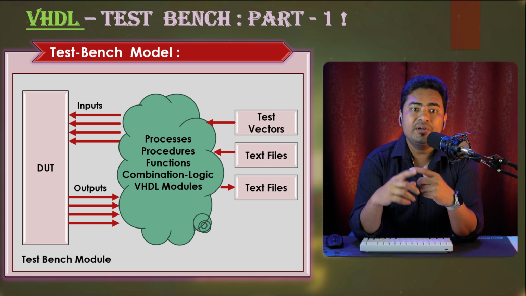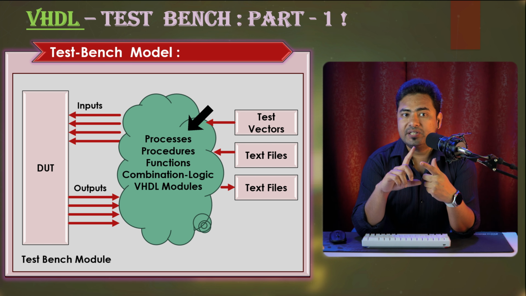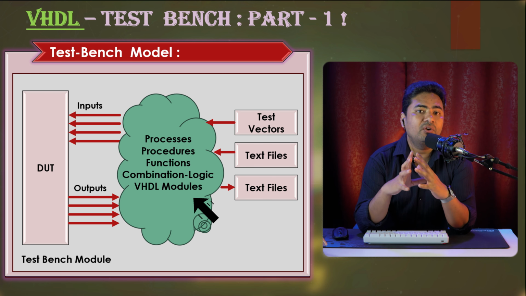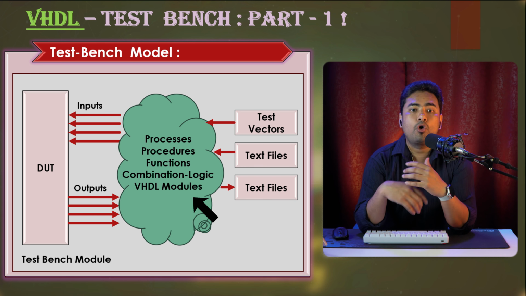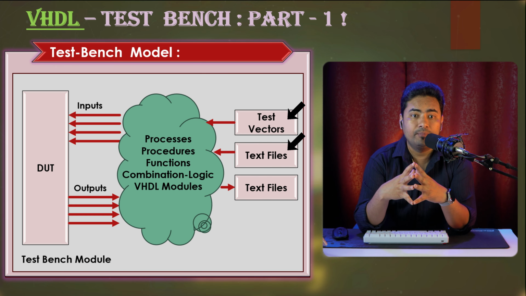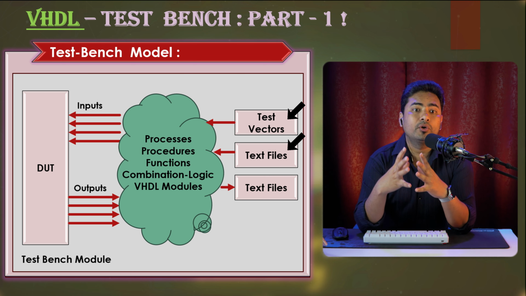You can use VHDL processes, procedures, functions, or any other VHDL module, or even some combinational logic to drive these input ports. You can even read this set of inputs from some text file, which you can import into your test bench.